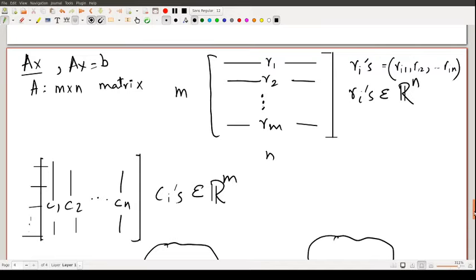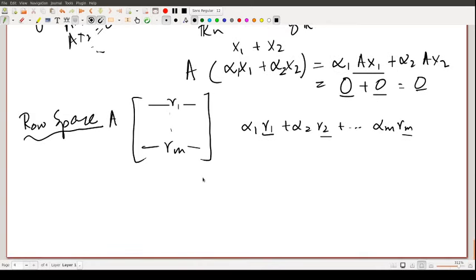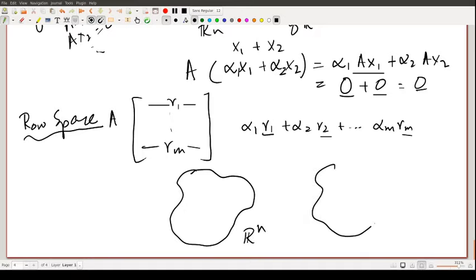So, if you have this Rn and this Rm, the row space is another subspace. If I take all of these linear combinations, they're going to be in Rn.